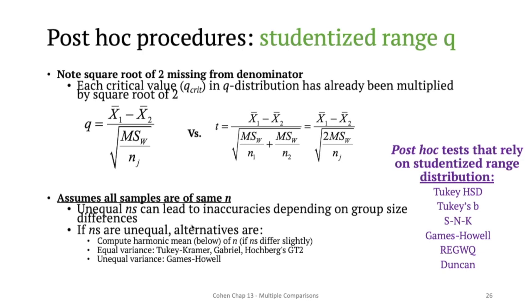So if ns are unequal, you have some alternatives. We're not going to go into any detail here, but there are some. Now note, some of the other ones we're going to talk about today use the same distribution. So this studentized range Q distribution is important. It's much like the t, but it's going to help provide us with ways to compare multiple means, whereas the t is only designed for 2 means.